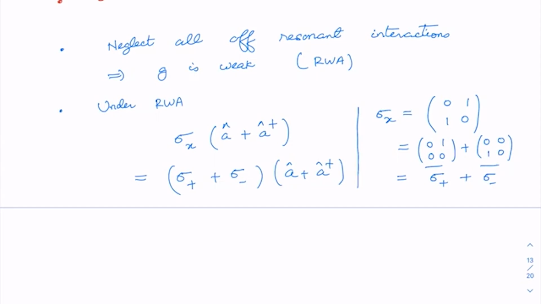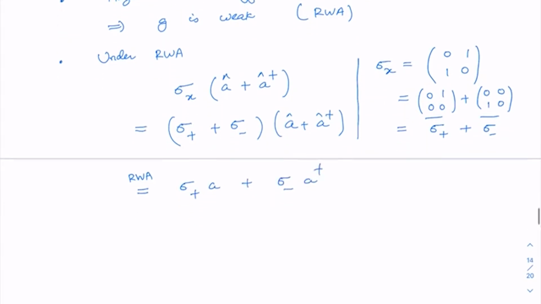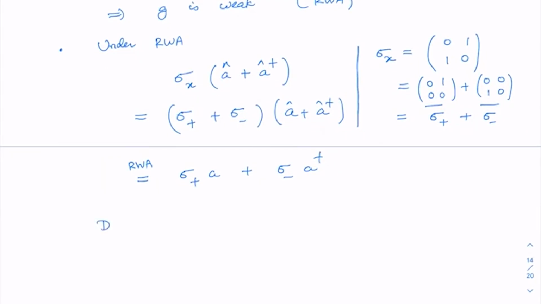Now under RWA, if I expand this whole term, I will get 4 terms, but because of RWA I can keep only 2 terms, and those would be sigma plus a and sigma minus a dagger. We are discarding 2 terms, sigma plus a dagger and sigma minus a.